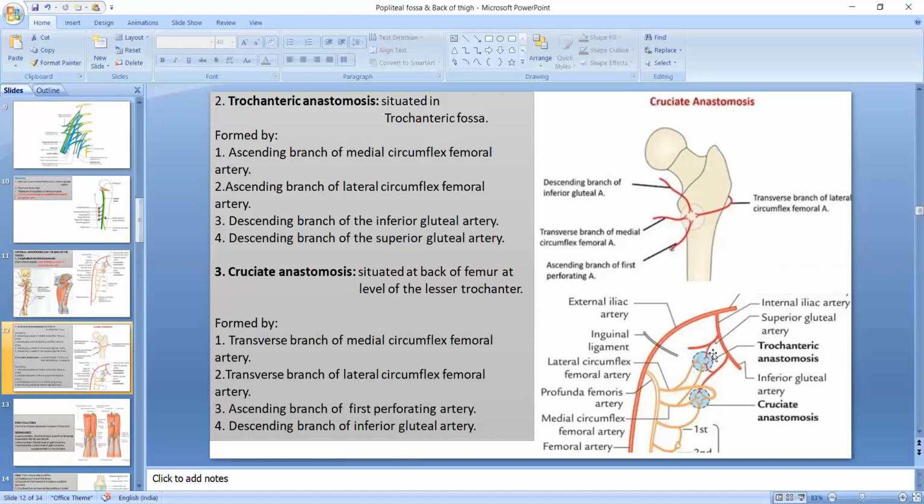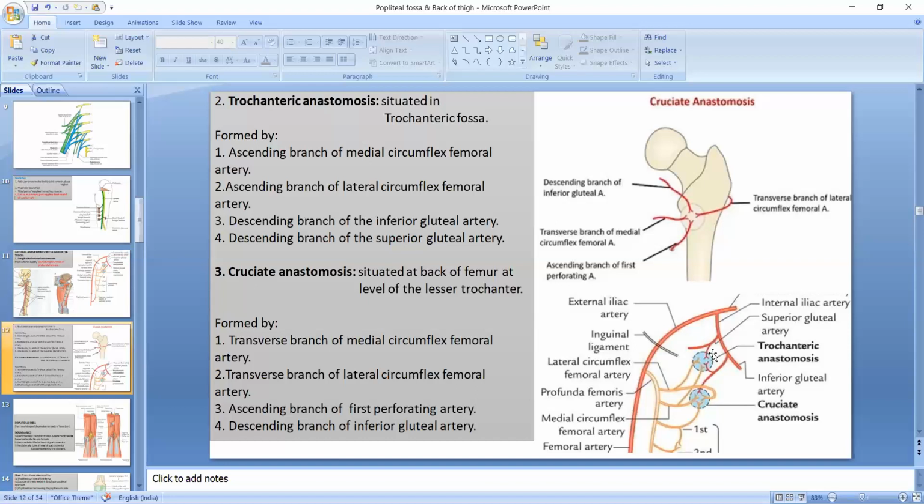The ascending branch travels superiorly in the anterior aspect of the femoral neck, and the ascending branch of the medial circumflex femoral artery also travels superiorly, but along the trochanteric line in the posterior aspect of the neck of the femur. They both meet with the inferior division of the deep superior gluteal artery in the trochanteric fossa. The inferior gluteal artery also joins the trochanteric anastomosis along the neck of the femur.